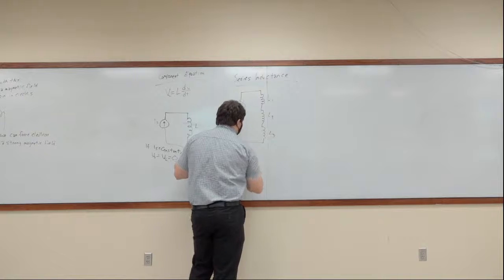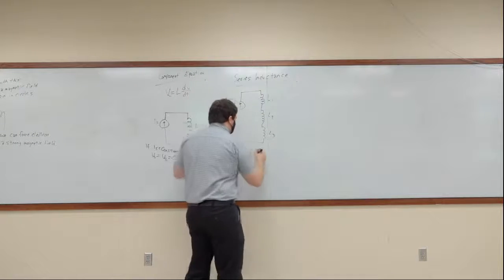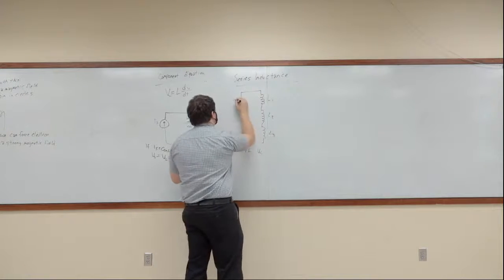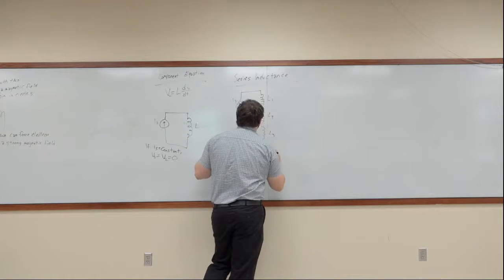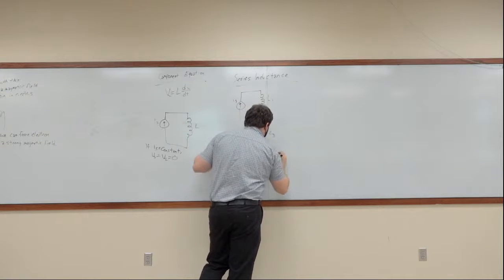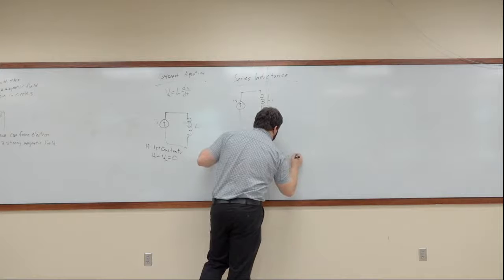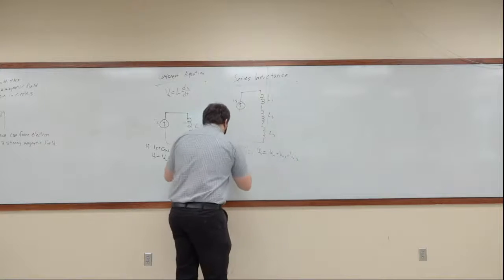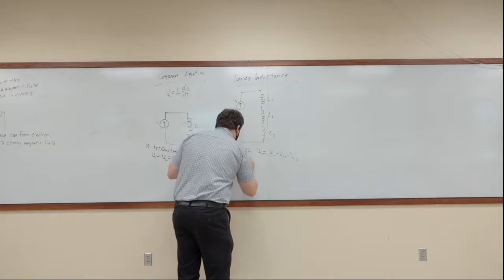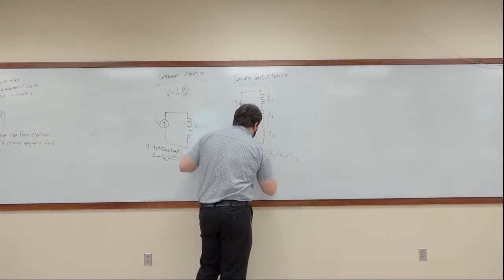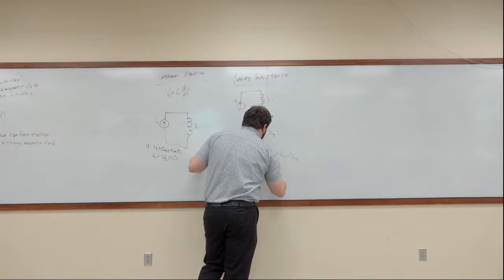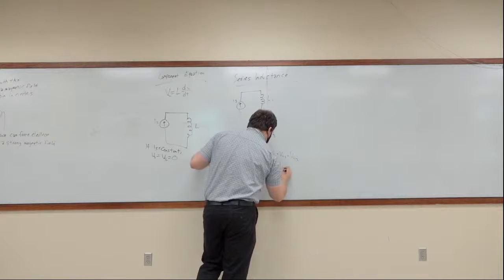By KVL, we know that Vs, and this is Is, Vs is equal to VL1 plus VL2 plus VL3. By KCL, we know that Is is equal to IL1, is equal to IL2, is equal to IL3.